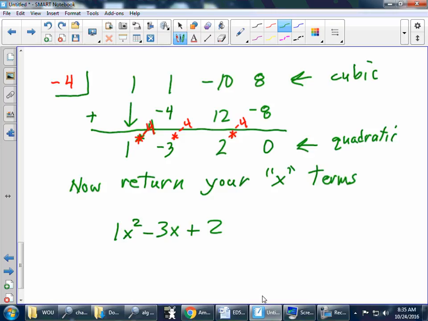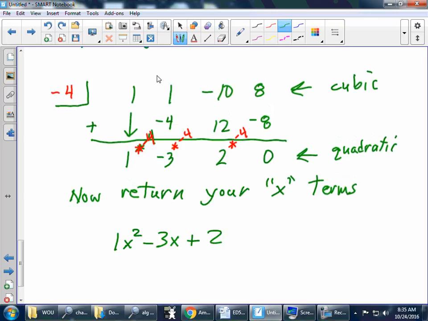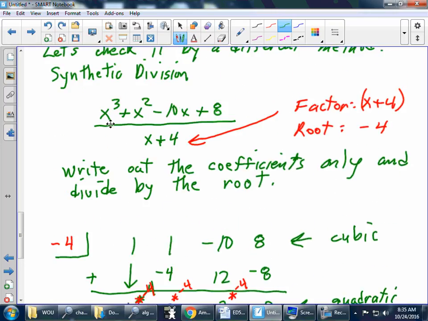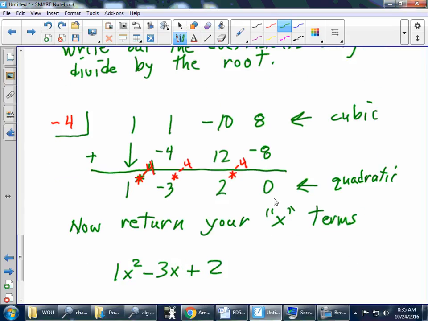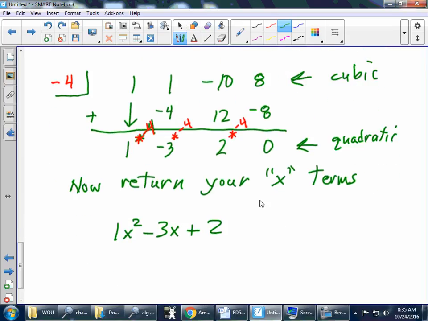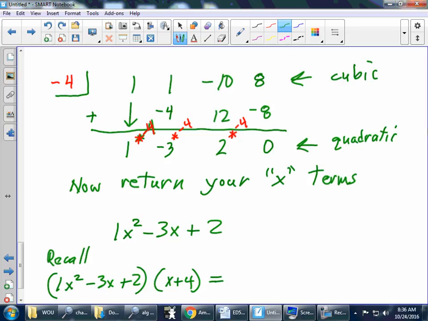Well, it has to be, because this one was 1x cubed, right? 1x cubed plus 1x squared minus 10x plus 8, right? So once again, recall 1x squared minus 3x plus 2 times x plus 4 equals, what's this guy up here again?